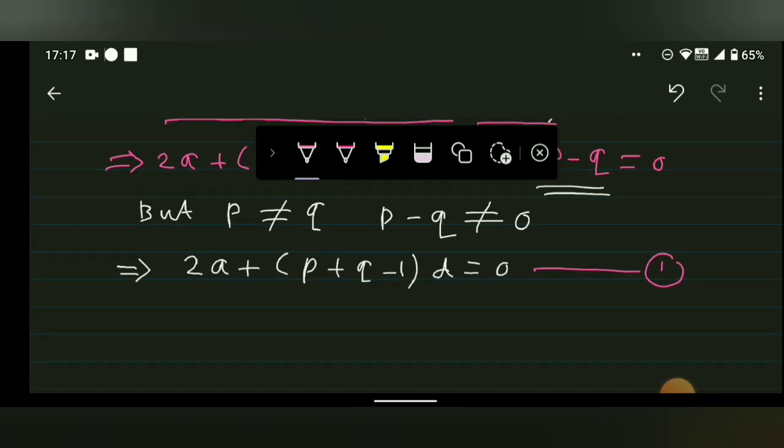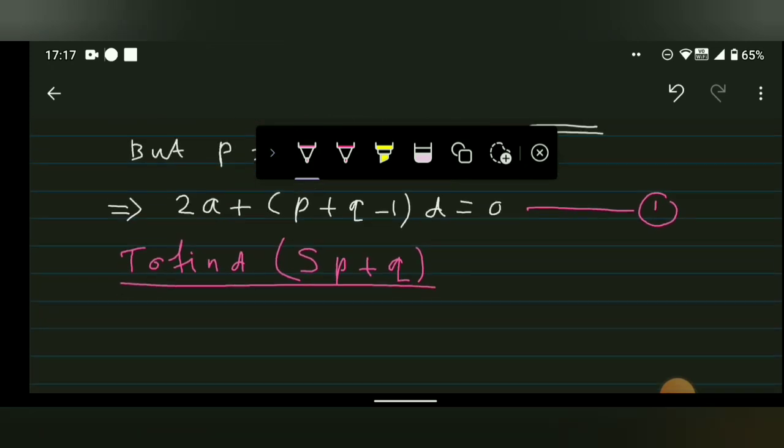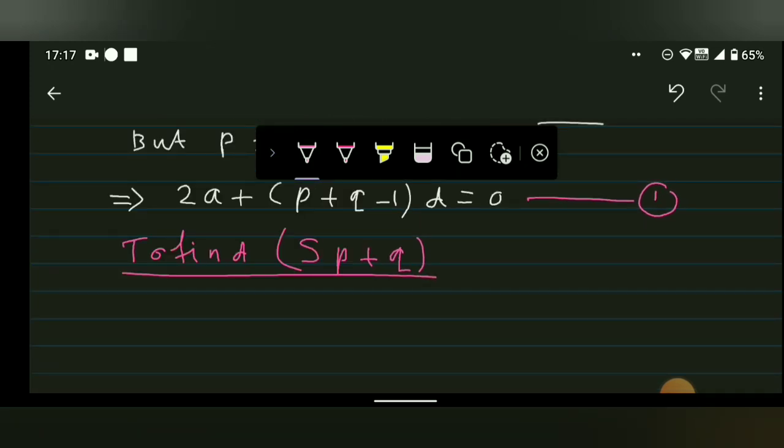Now we will move towards what is required. That means what do we have to find? We have to find the sum of the first p plus q terms. Now to find this term we will replace n by p plus q in the formula of Sn.